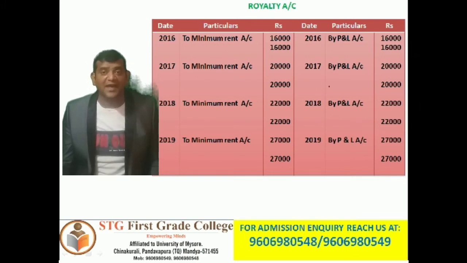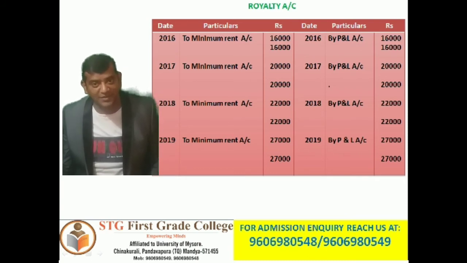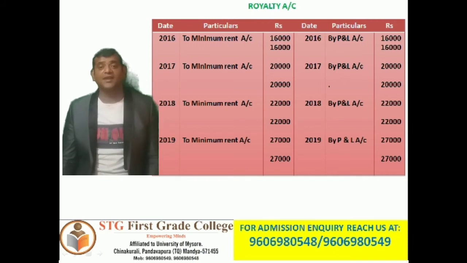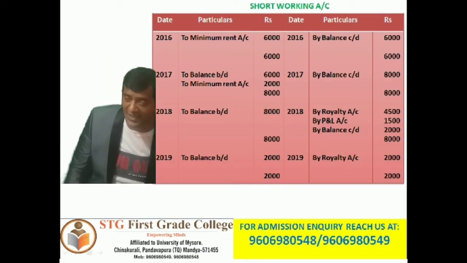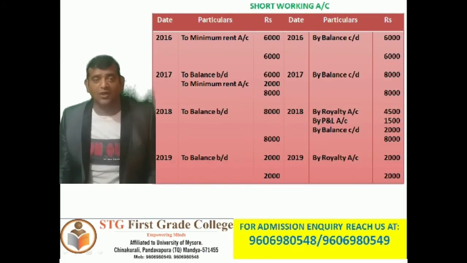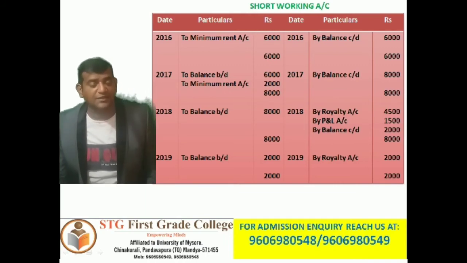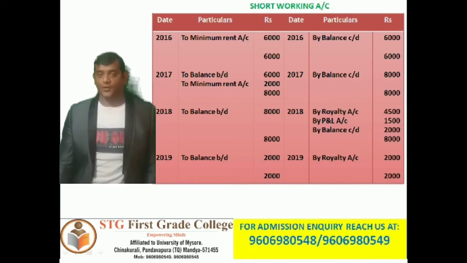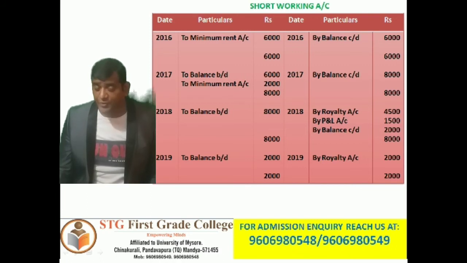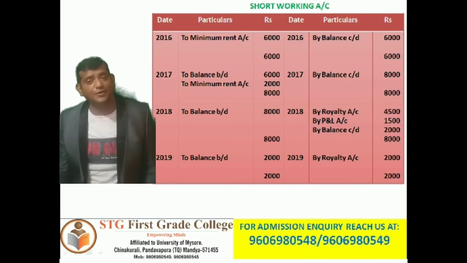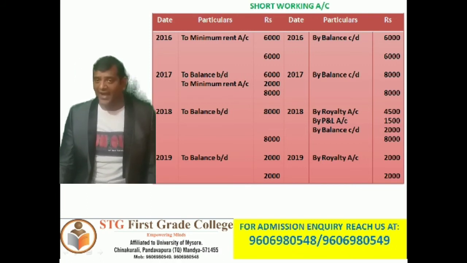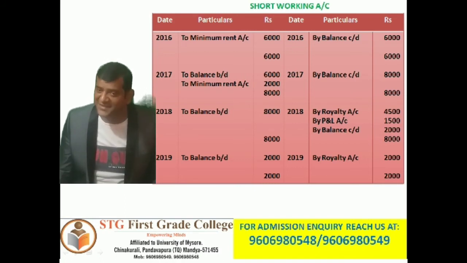So we are done with the royalty account, and further we are moving towards preparation of the short working account. So open the short working account with a 6 column table: date, particulars, rupees, date, particulars, rupees. So 2016 to minimum rent account 6,000 rupees, by balance carried down 6,000 rupees.